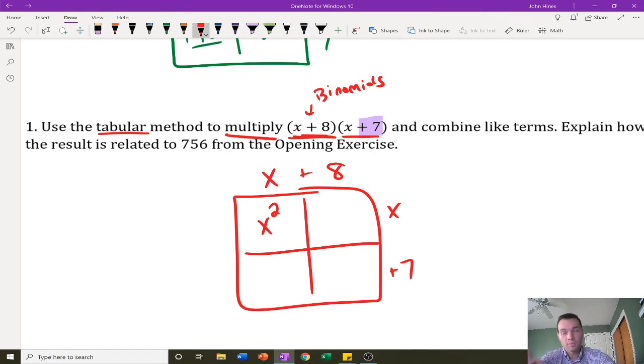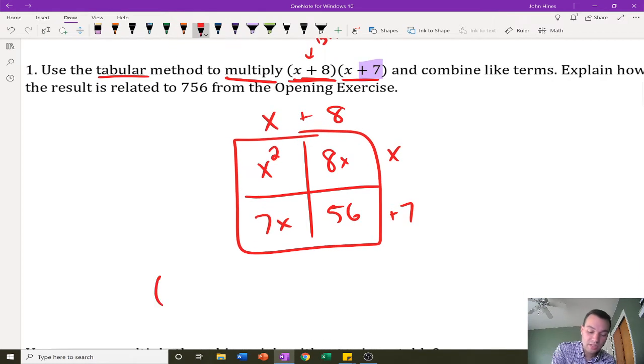So 8 times x is 8x, x times 7 is 7x, and 8 times 7 is 56. So I find the product, kind of like if I was doing a Punnett square from biology, to find what goes in each box. So this tells me x plus 8 times x plus 7 is actually what?